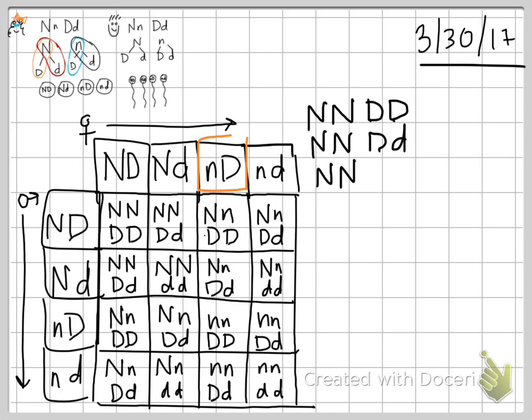So for every individual that's homozygous dominant for, we'll say, nose color, they could be homozygous for tooth size, they could be heterozygous for tooth size, they could be homozygous recessive for tooth size. So we would have those three possibilities. Well, then we could have individuals who are heterozygous for nose color.